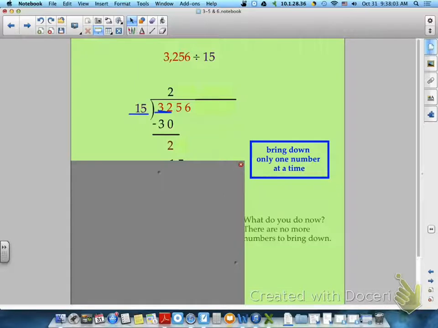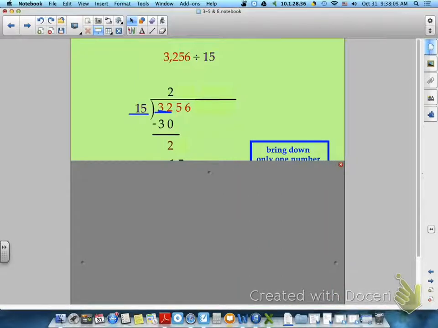So always keep that rule in your mind. So which number am I going to bring down? The 5. So I'm going to use that line and bring down the 5.